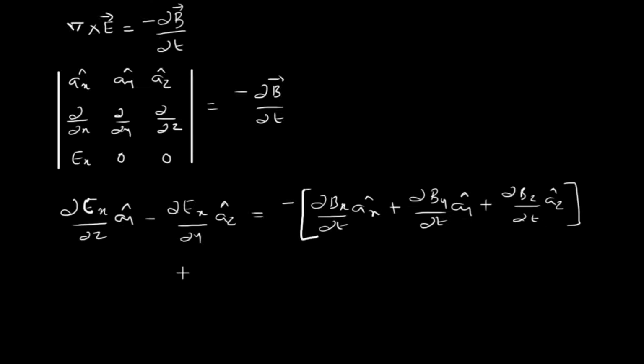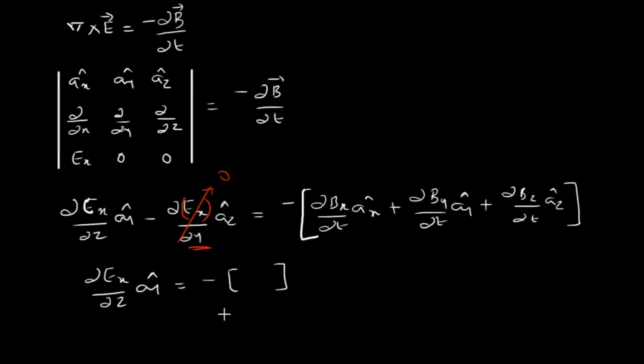Now we already know that Ex cannot vary in y direction, right? Because in y direction we have H there. So H and E cannot be in same direction as we were discussing at the beginning of this derivation. So this has to be 0. So we have ∂Ex/∂z ay cap equal to this entire term on the right hand side.